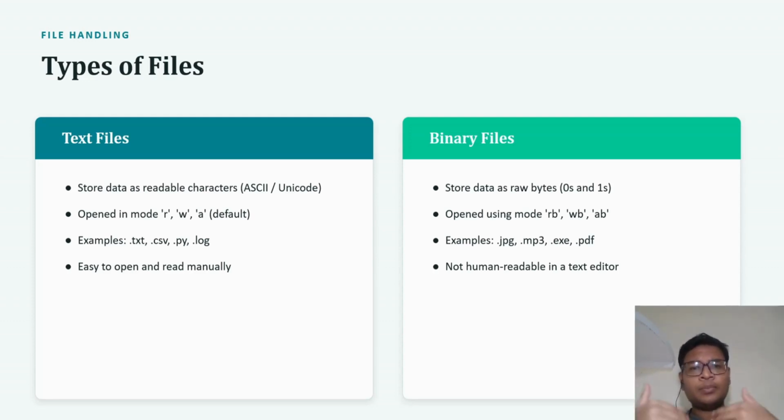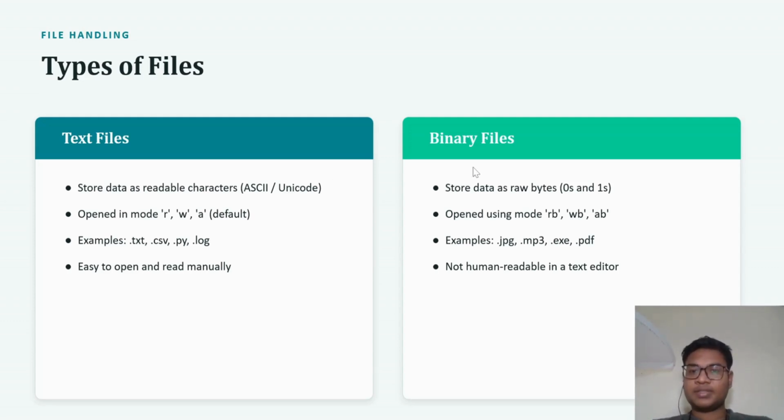We will talk about these in brief. Examples of text files are .txt, .csv, .py, .log. A text file is easy to open and read manually.